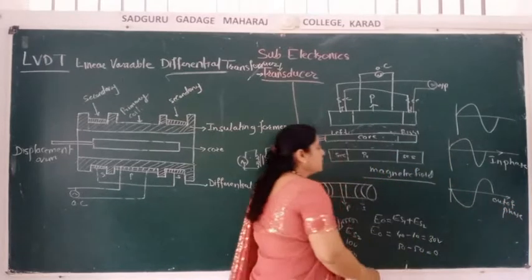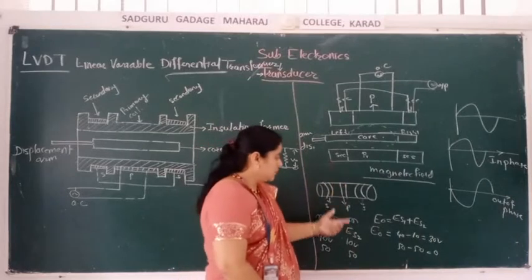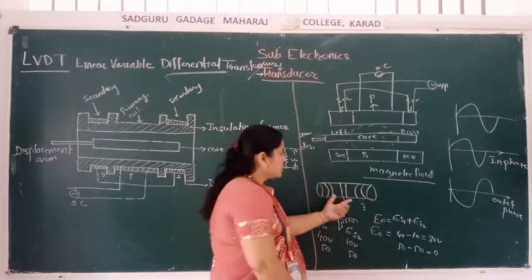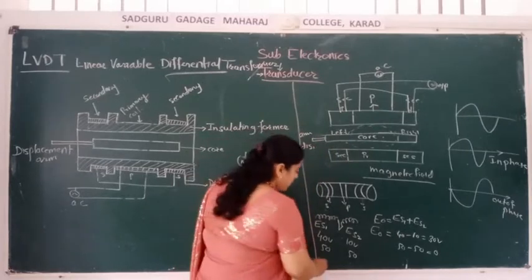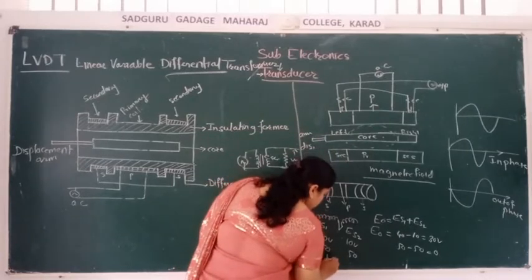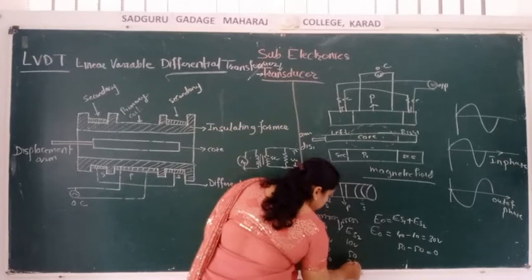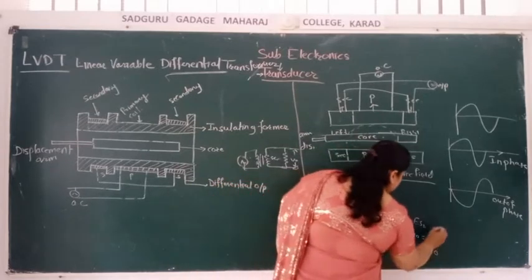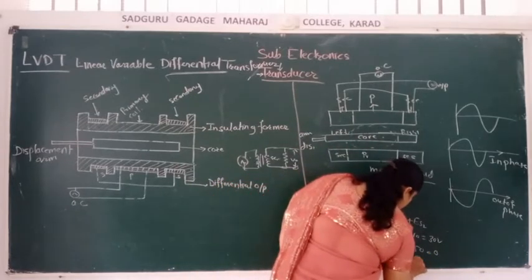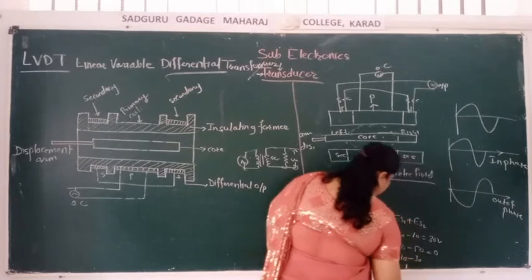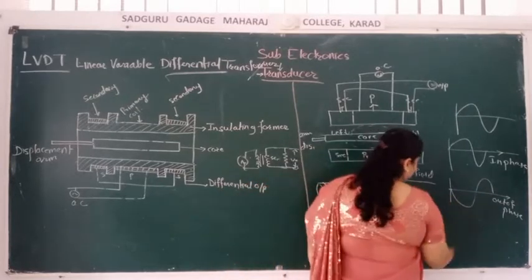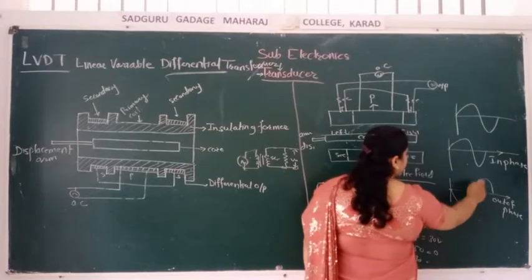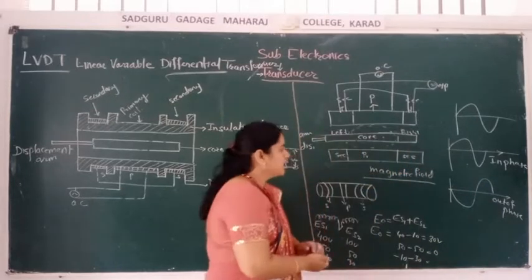This shows that suppose it moves maximum at the left side, then what happened? This will be suppose -10 and 30. So how much is it? -10 -30. So it will be in the negative direction, a negative value. Therefore, it is out of phase.